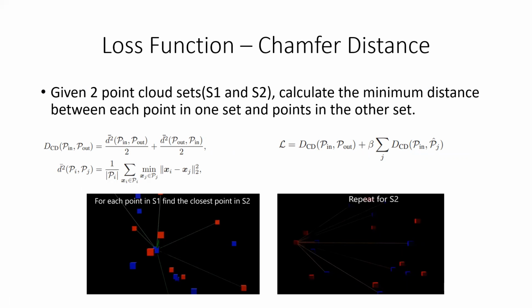So if your first point was 0, 0, 0, and the closest point to that was 0, 0, 1, which is what we reconstructed, that is what it would be associated with, and not say 1, 1, 1, because that's farther away. So your 2 point cloud sets are your prediction and target. Yeah.